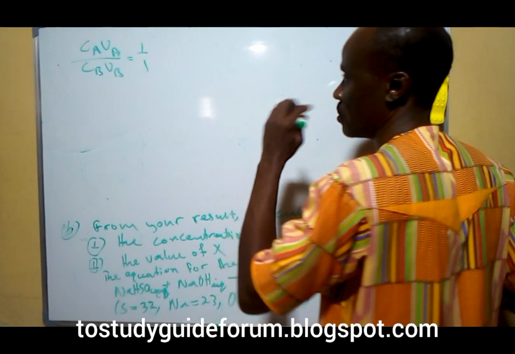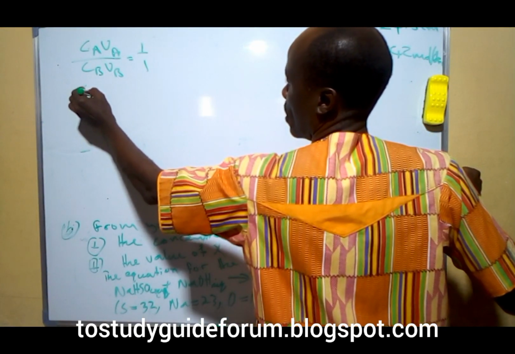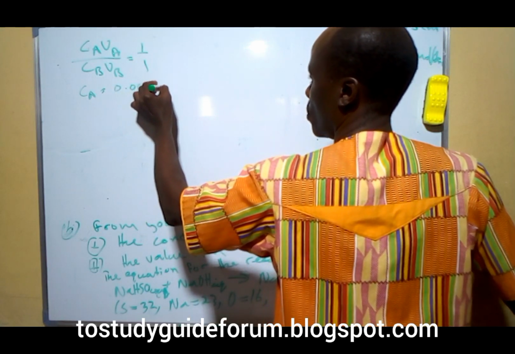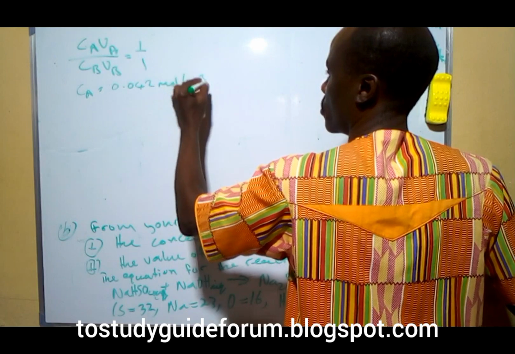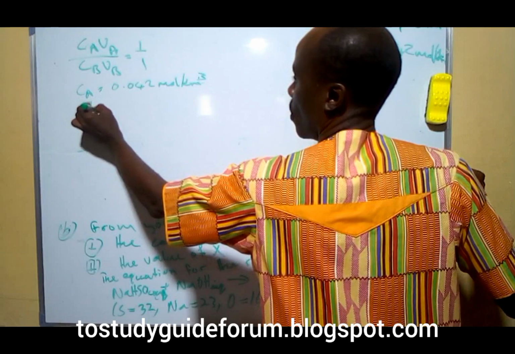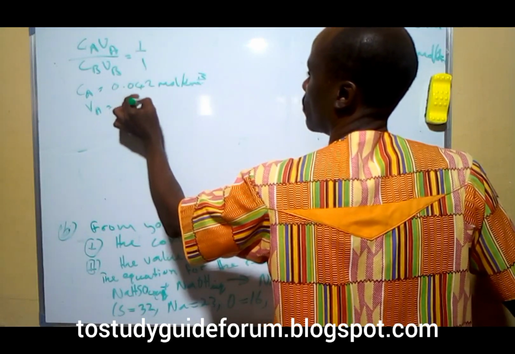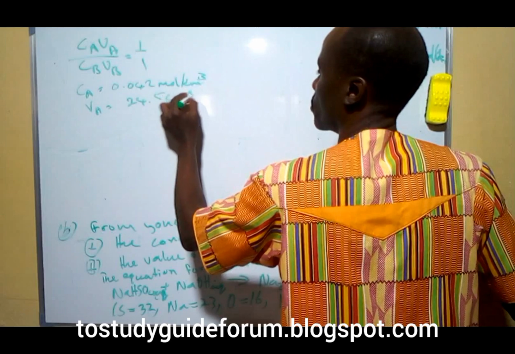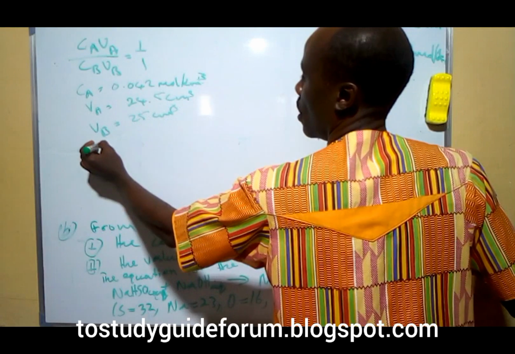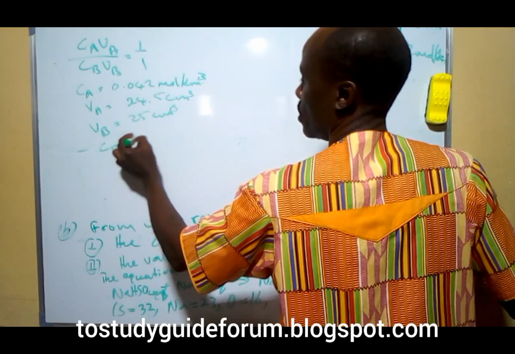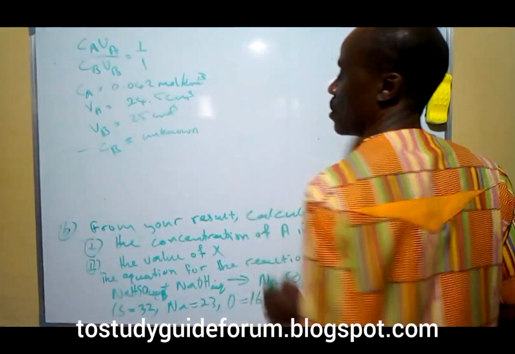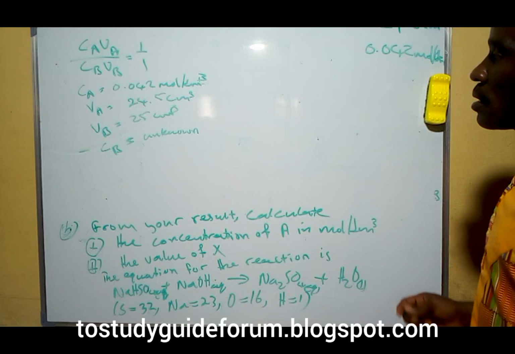Ca is the concentration of A, which is 0.042 mole per dm cube, and the volume of A is 24.5 cm cube, and the volume of B is 25 cm cube, and the concentration of B is unknown.